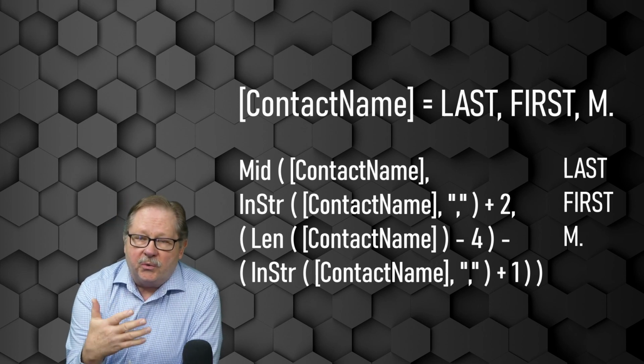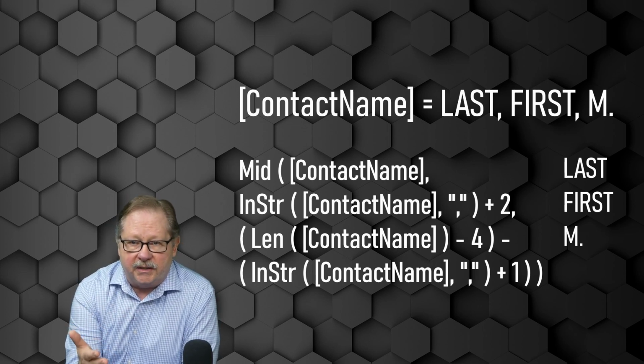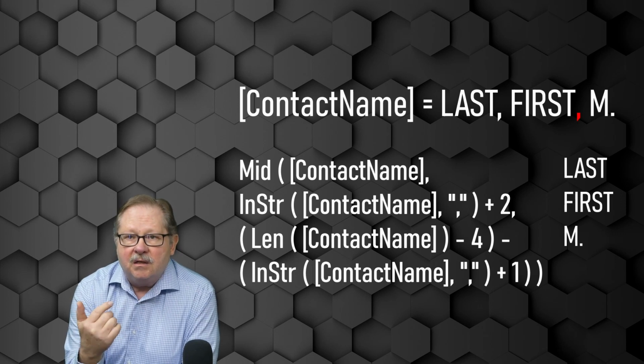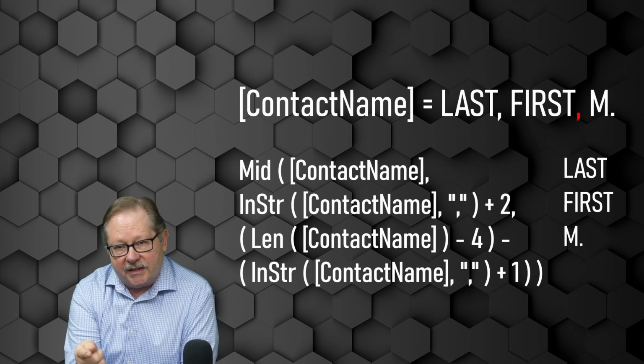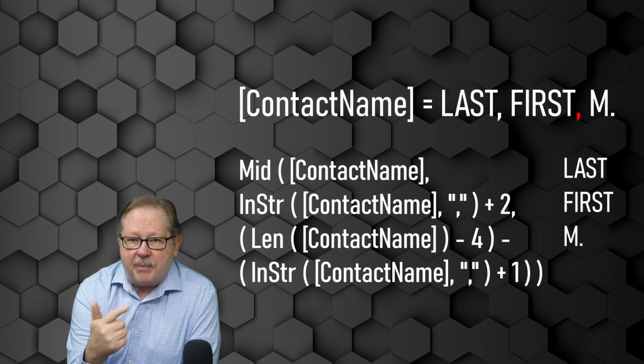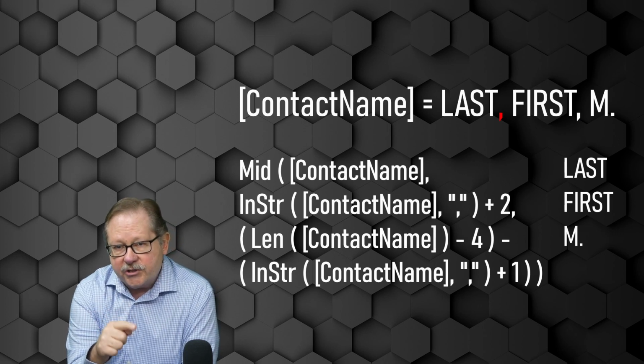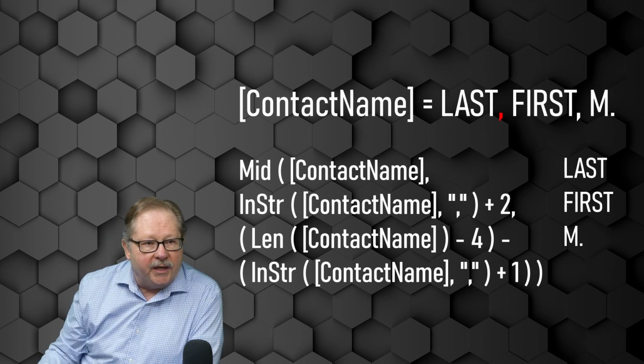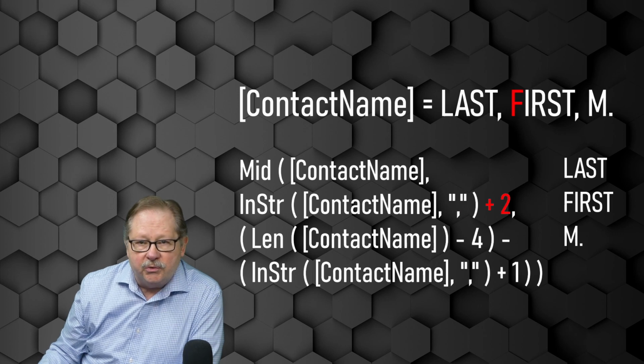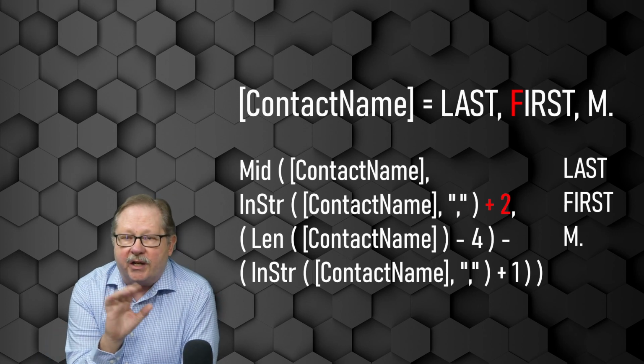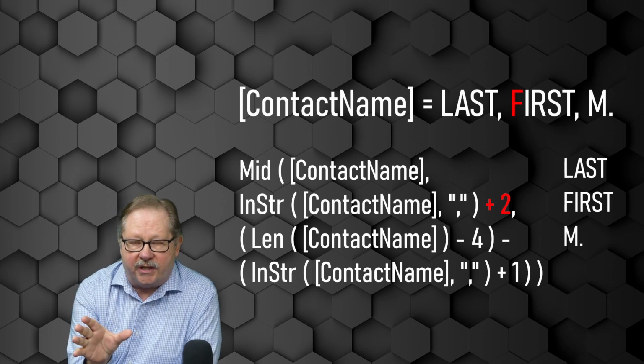So I know that what I'm looking for is the second comma. Now, the second comma means that I can start looking for the data a couple characters past where that first comma is. I'm going to go ahead and place my start number at the first comma here, +2. So that's the start of my string, and that was fairly easy to identify.